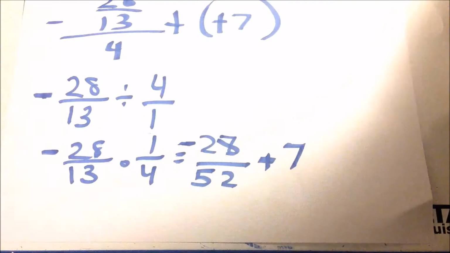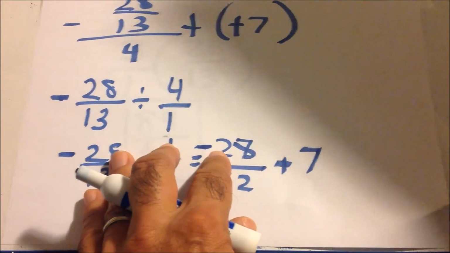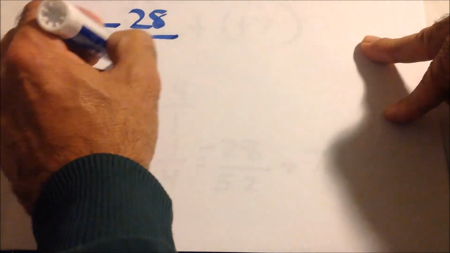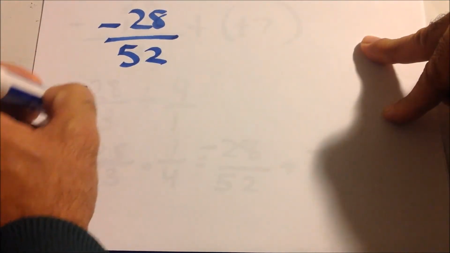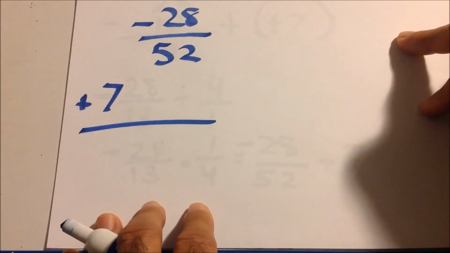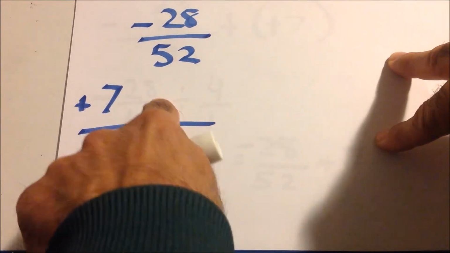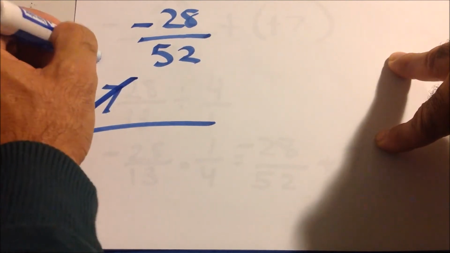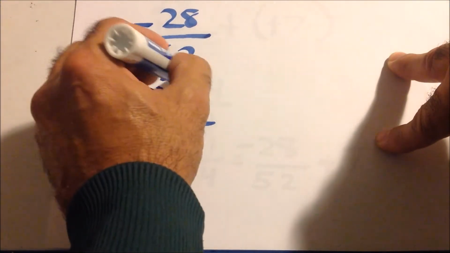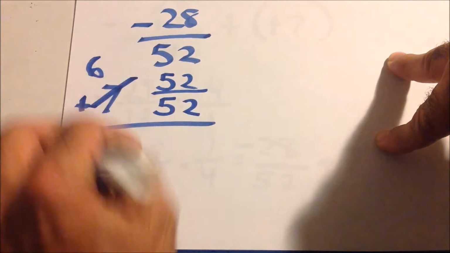So we're saying now negative 28 over 52 plus 7. You could do this vertically if you want. So we want to get a denominator here. We're going to cancel the 7, make that a 6, and this will be 52 over 52.